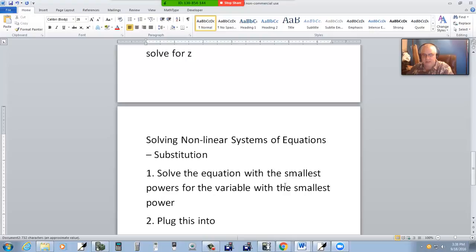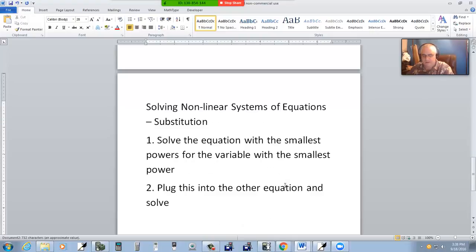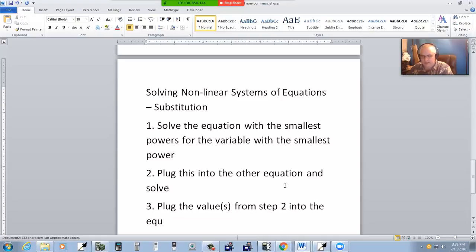Plug this into the other equation and solve. And step 3, plug the values from step 2 into the equation from step 1 and solve.